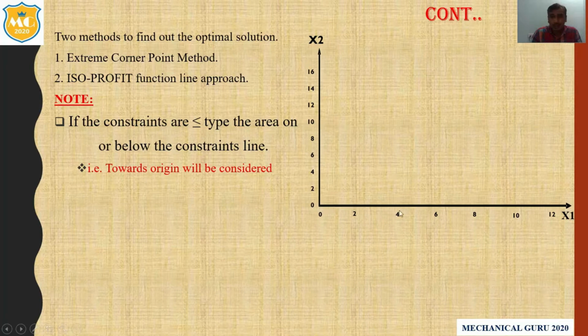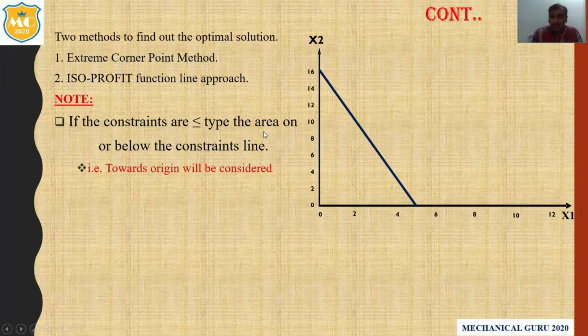As we told you earlier, the x-axis represents x1 and the y-axis represents x2, always in the first quadrant. Now take one example. Suppose the sign is less than or equal to. So when the sign is less than or equal to in a constraint, at that time we always have to consider the area towards the origin. Means the area is towards the origin.